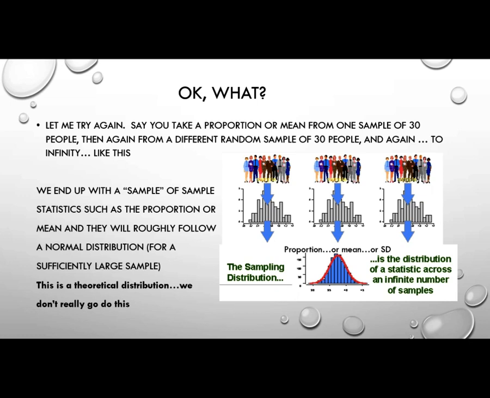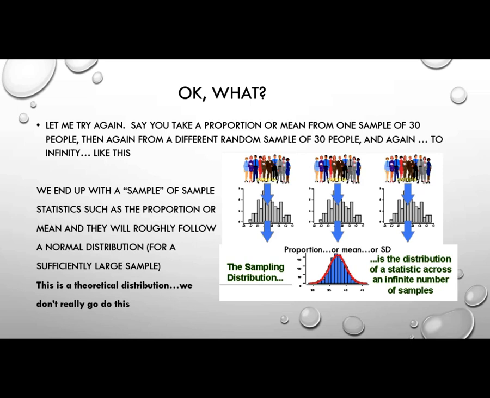If you take a proportion or a mean from a sample of 30 people, then again from a different random sample of 30 people, and then again and again to infinity, and you plot the sample mean each time, we end up with a sample of sample statistics, such as the proportion or the mean, and they will roughly follow a normal distribution for a sufficiently large sample. But this is a theoretical distribution. We don't really go do this. I'm trying to build the case for the central limit theorem.